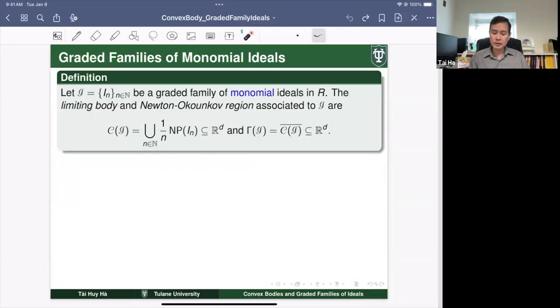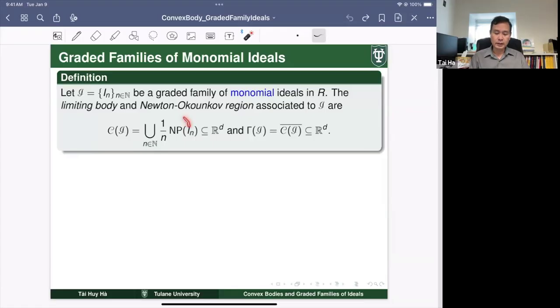Then each monomial ideal, as we know, has its Newton polyhedron. So one can scale the Newton polyhedron of the nth element inside the family by n, so looking at 1 over n times NP of I_n, and then just take the union of all of these.